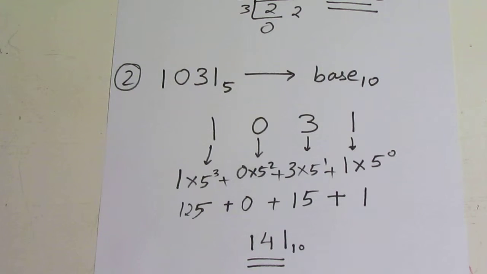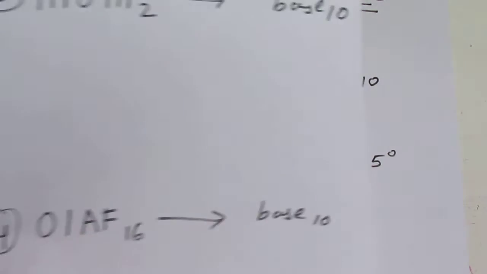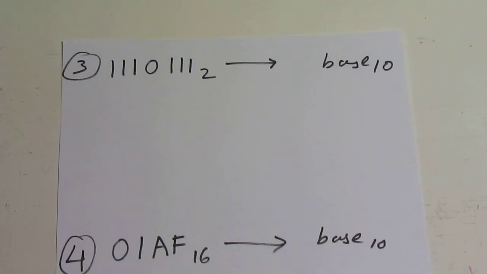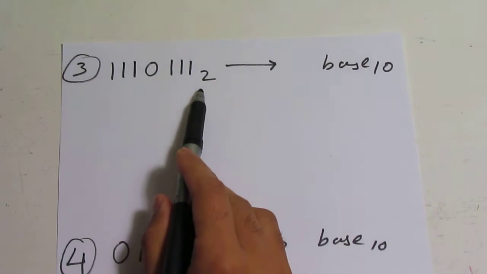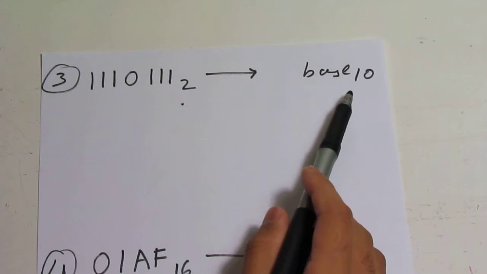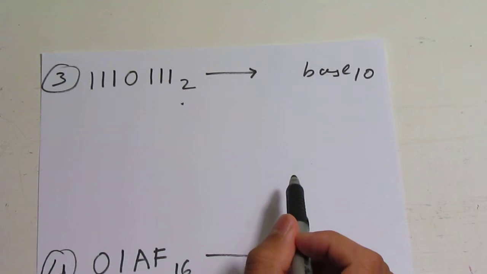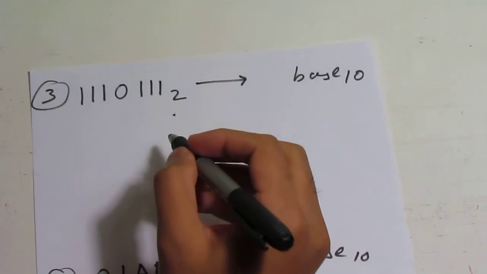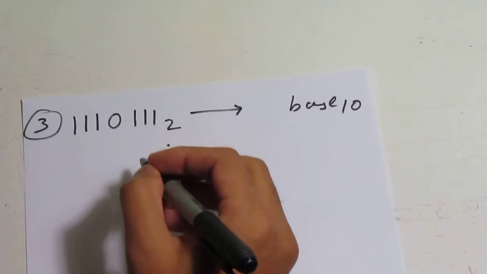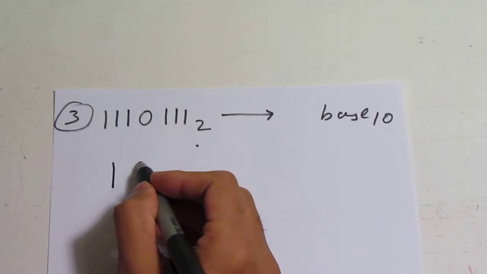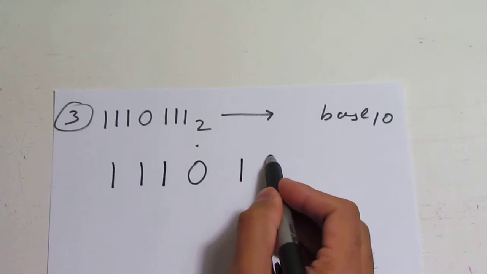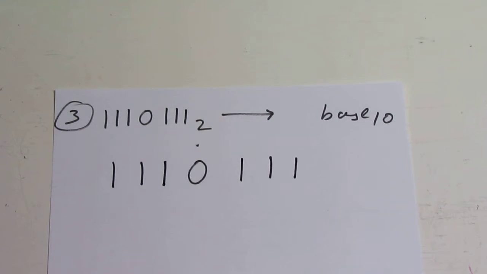Alright, let's look at another example. The third example I have, we will be converting this number, which is in binary base 2, into base 10. Like I said, for any base except 10, when we convert, we write the number down like this: 1 1 1 0 1 1 1, right?